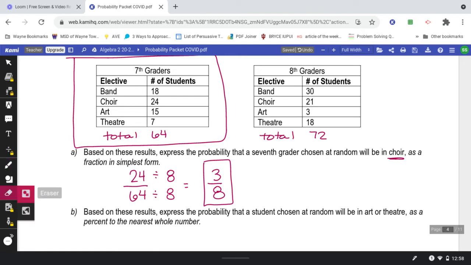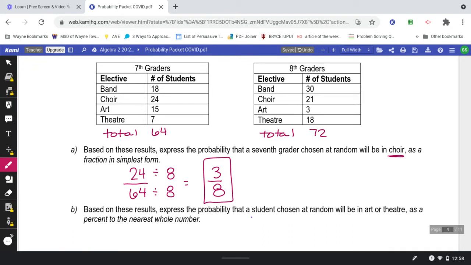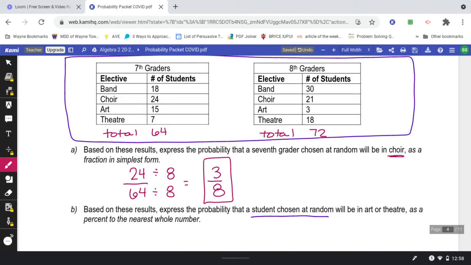For the next part of the problem, it's asking about the probability of a student chosen at random. They didn't tell us whether it was 7th or 8th graders, so we're adding all these up, and we need a big total. So add the 64 and the 72 to get a total of 136 students.